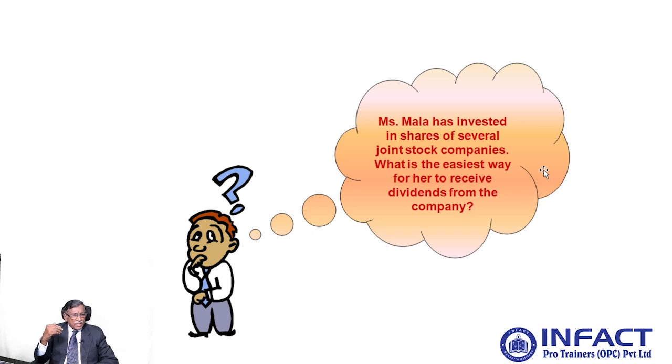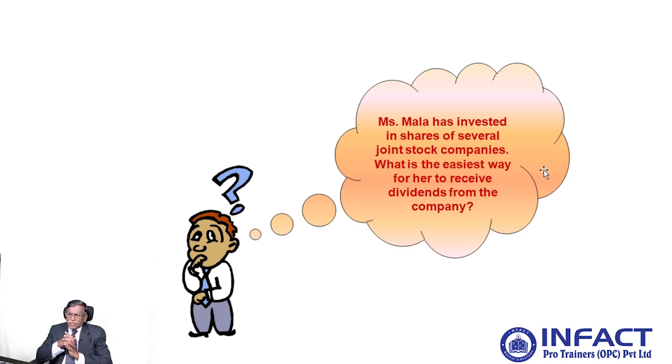That is possible. Let us assume that wherever Mala has invested, the company ends up with some profit every year. When the company is earning a profit, it shares that profit with the shareholders of the company. Okay.